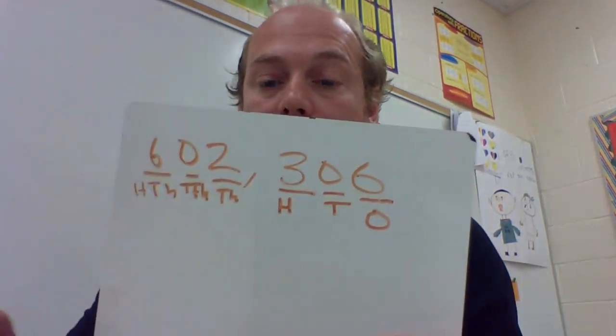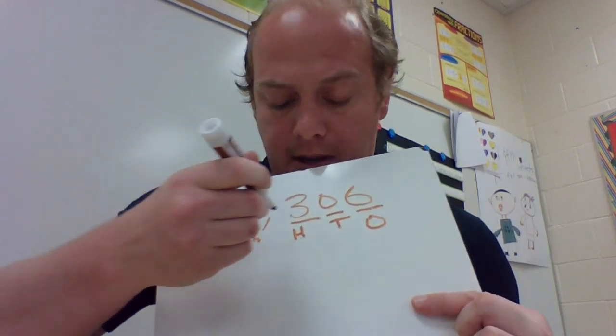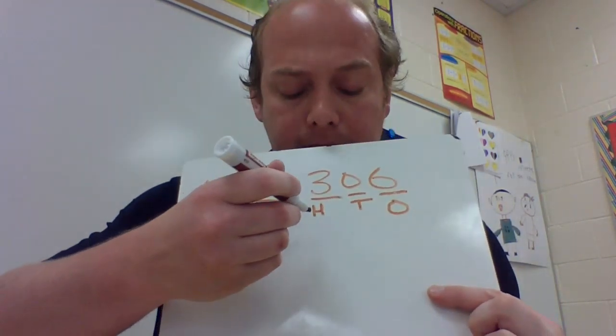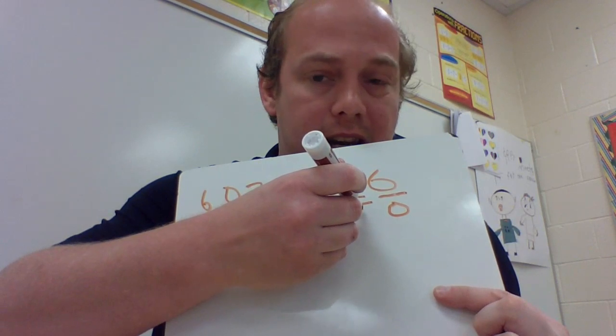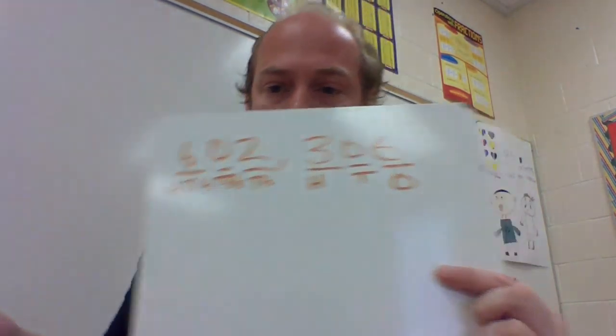So that's how the second part looks. 3 is in the hundreds place, 0 is in the tens, and 6 is in the ones. Alright.